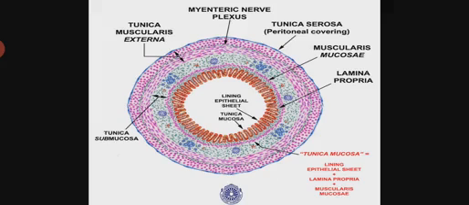They are longitudinal muscles and circular muscles, and here the type of nerve plexus present is called Auerbach's nerve plexus. And the next layer is what is known as the mucosa layer. So it is the innermost layer, also referred to as tunica mucosa, and it will have the lining epithelial sheath, lamina propria and muscularis mucosae.